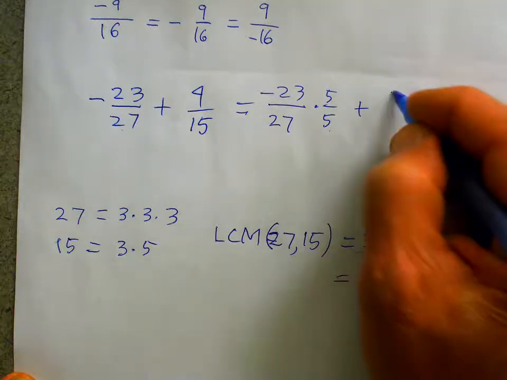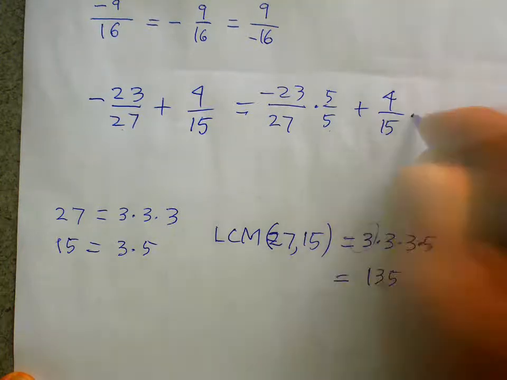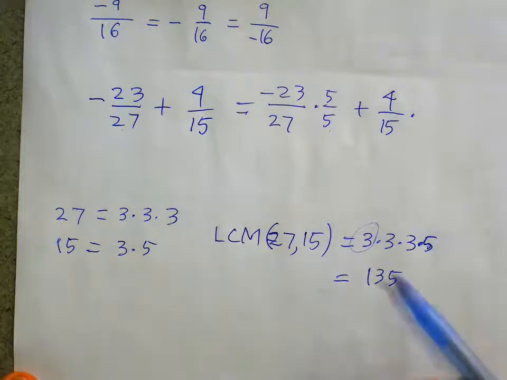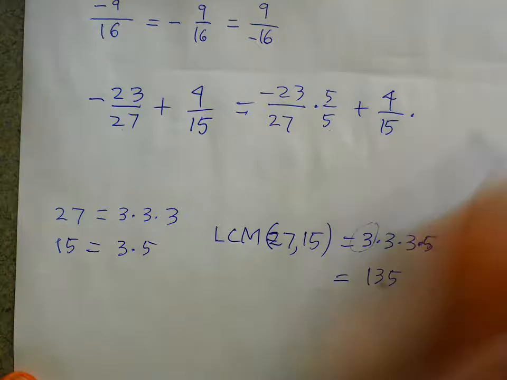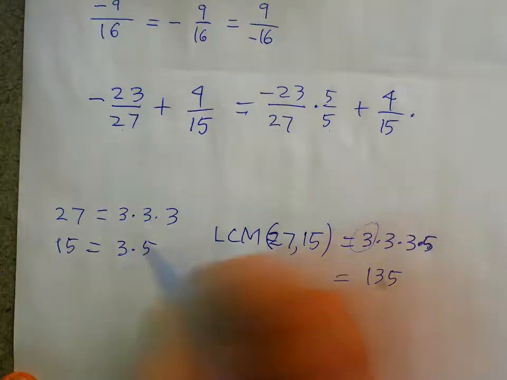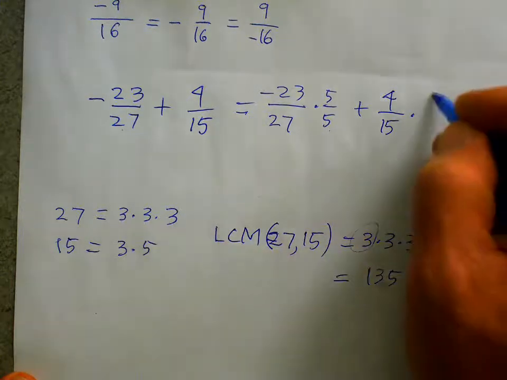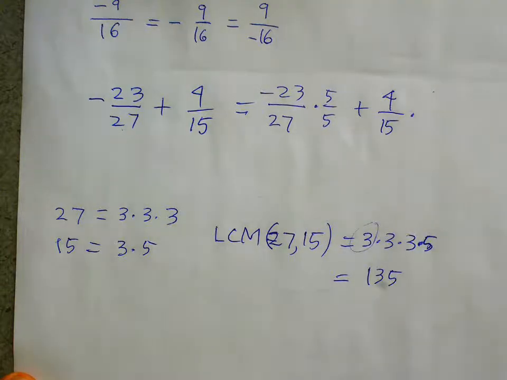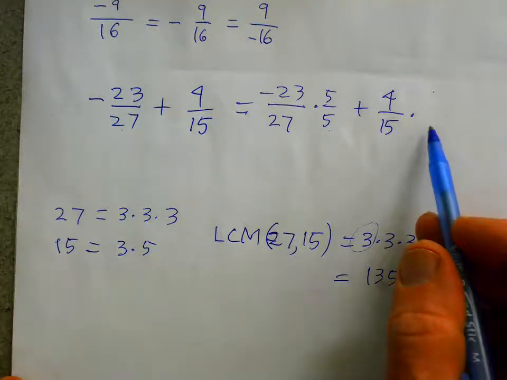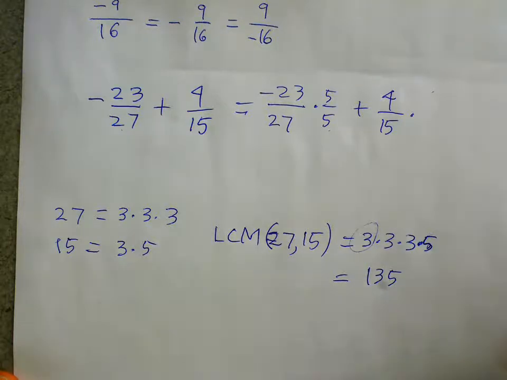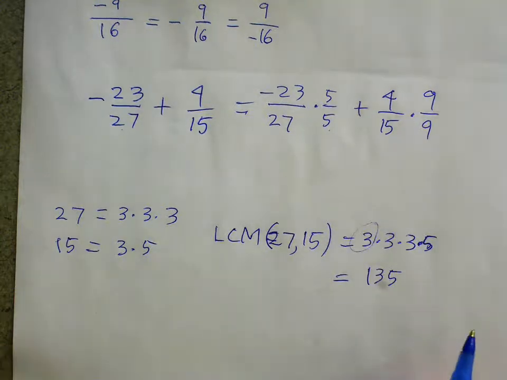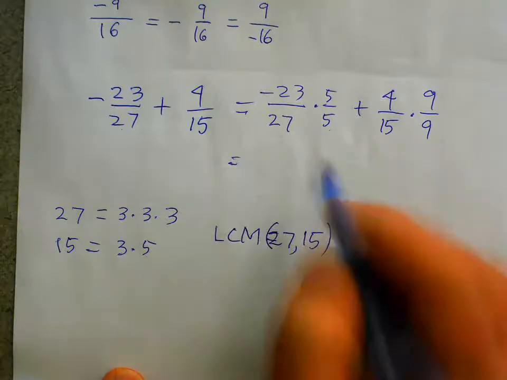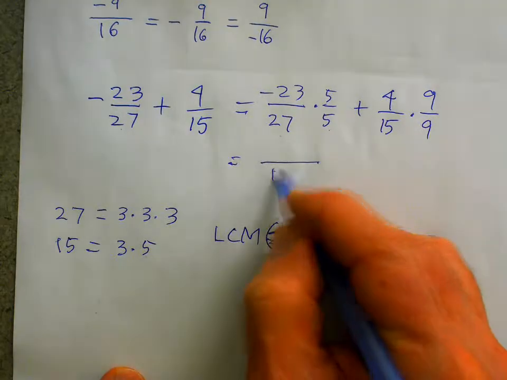And then if we multiply 4 over 15 by 1 in the form of 5 times 3 times 3, or, I don't really want that, do I? 9/9 is what I want. So the common denominator is 135.